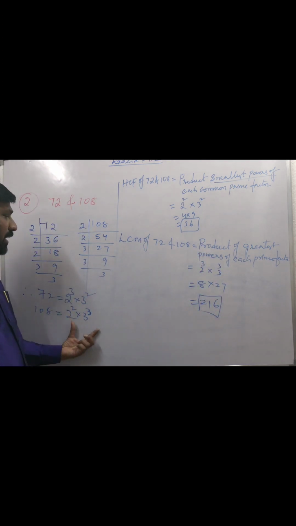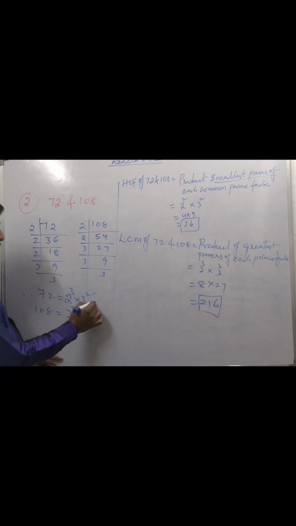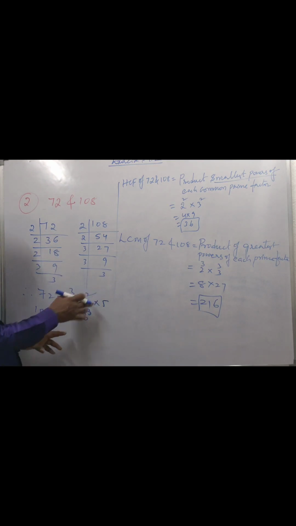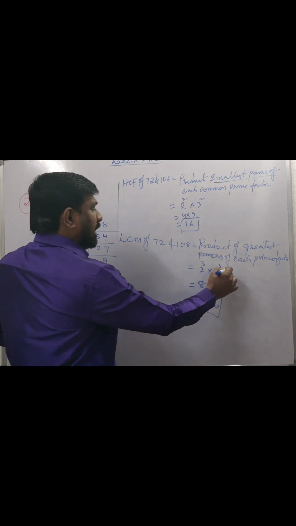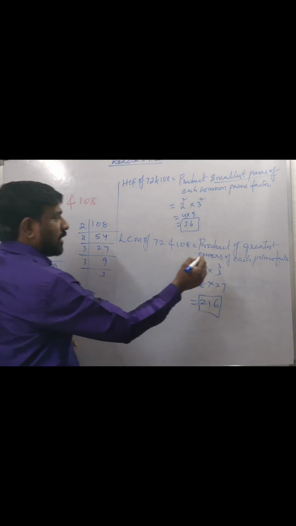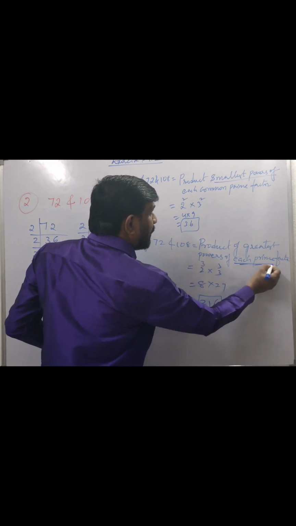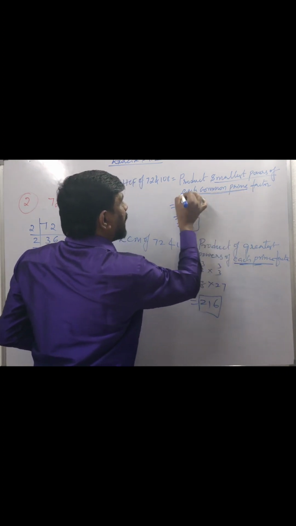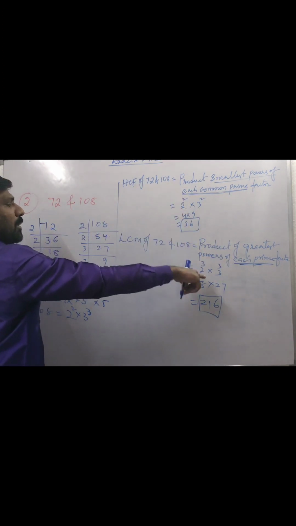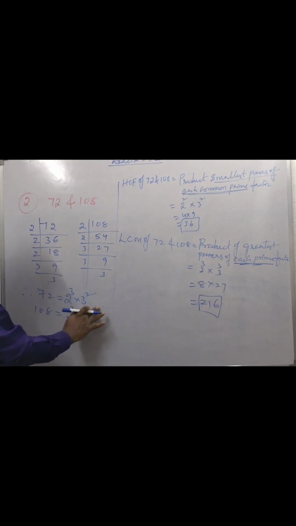Here each prime factor should be involved. If some other factor, suppose 5, is there in 72 and not present in the remaining ones, you have to write that 5 extra. For HCF you take only the common prime factors, for LCM each prime factor, right?